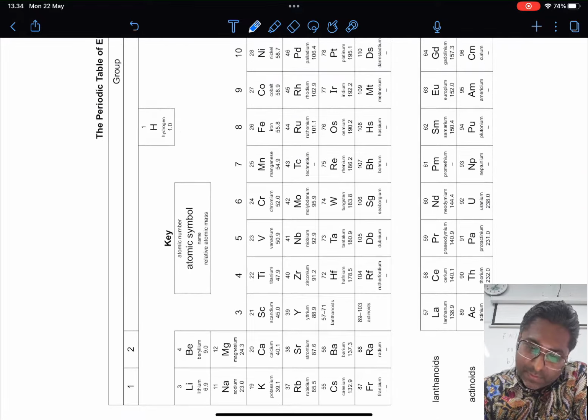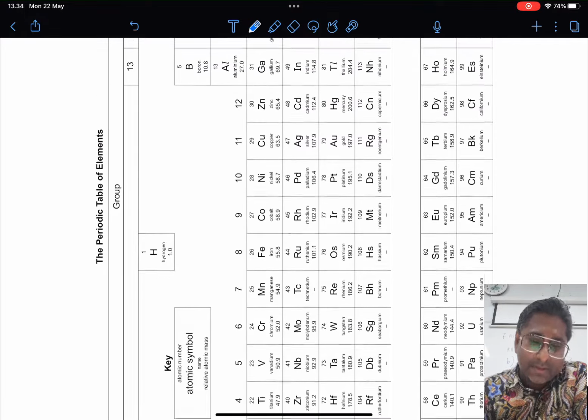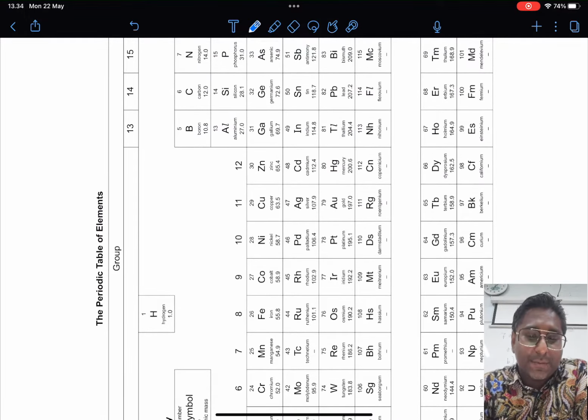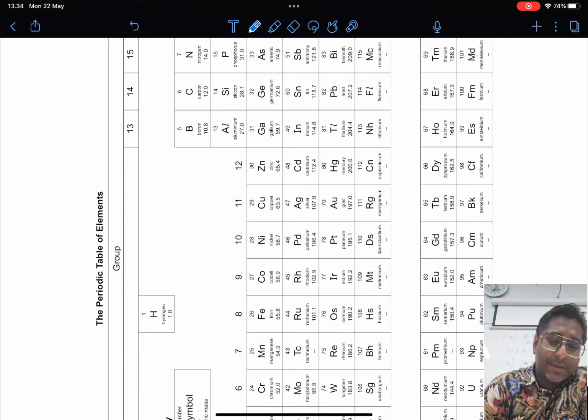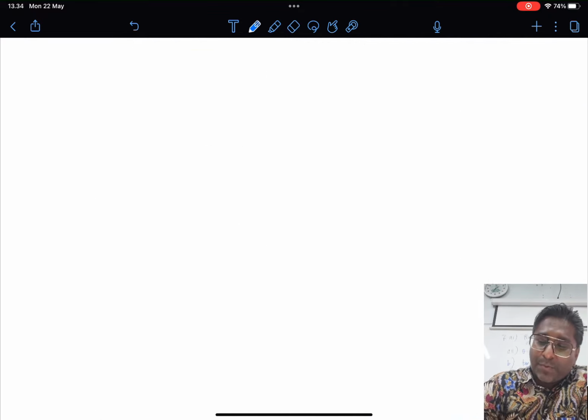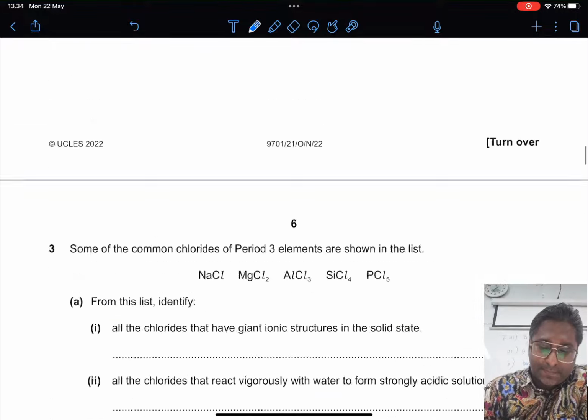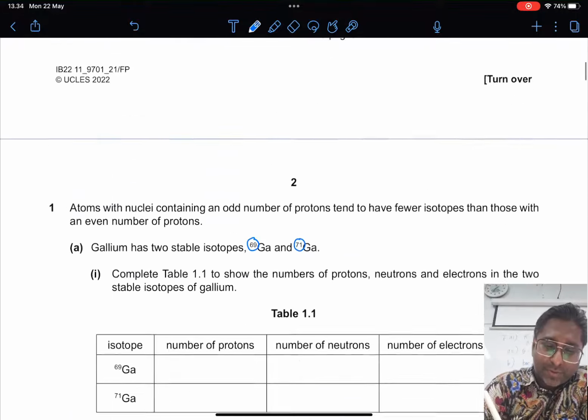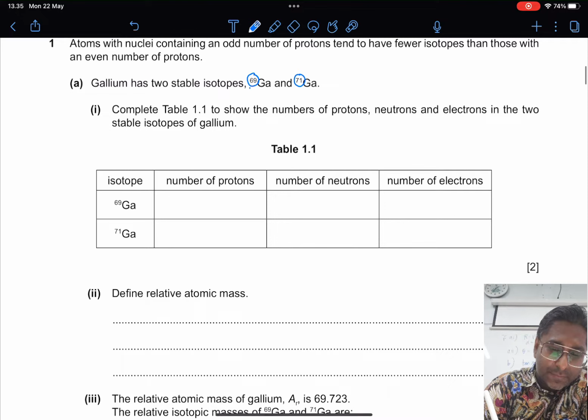It's 31, so we have it over here. The number of protons is 31, for both of them.